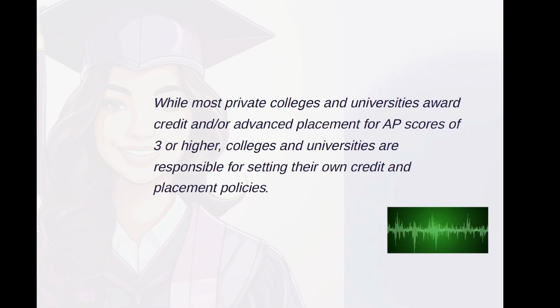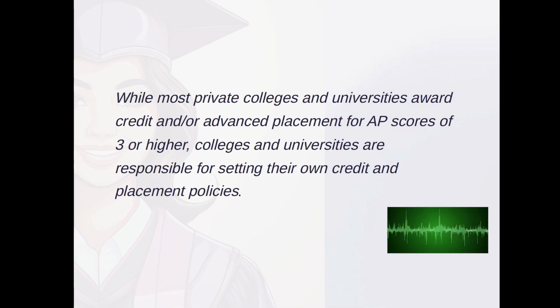And then you will get the baseline of 100 out of 150. And that will safely put you on the 3-point final score. While most private colleges and universities award credit and/or advanced placement for AP scores of 3 or higher, colleges and universities are responsible for setting their own credit and placement policies.